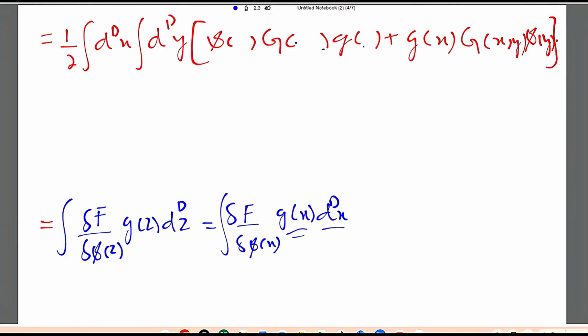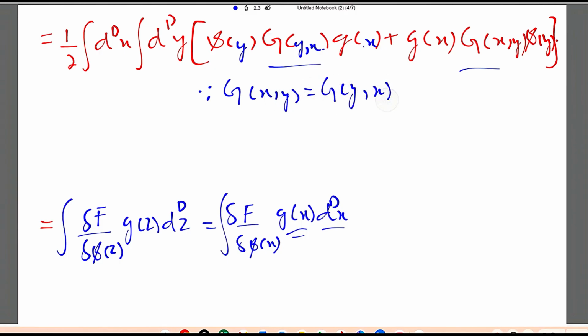Now the only difference between the two is that this is g of yx and this is g of xy. Since we were given that it's symmetric, g of xy is actually equal to g of yx, so we can simply write g of yx to be again g of xy.